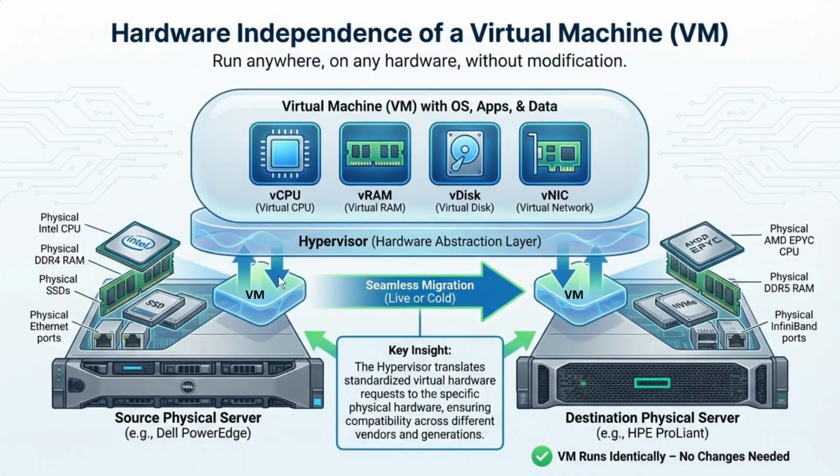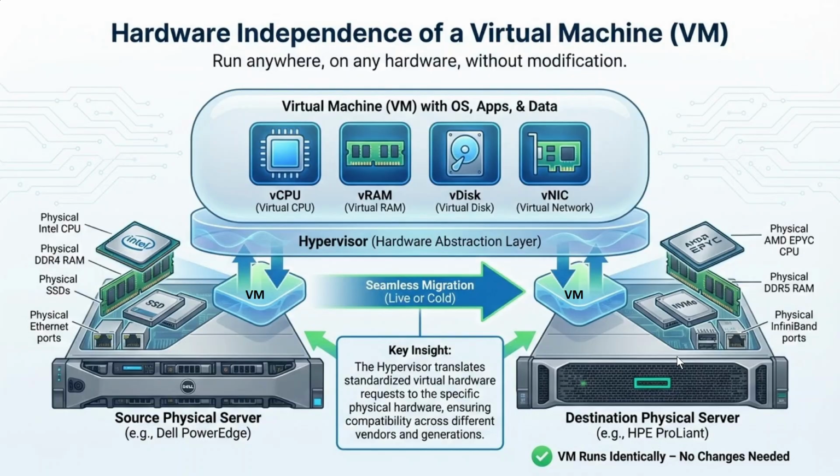Here, on the left, we have a virtual machine running on a Dell server with an Intel processor, DDR4 RAM, and Ethernet port. We moved our VM to an HPE server shown on the right that has an AMD processor, DDR5 RAM, and InfiniBand ports.